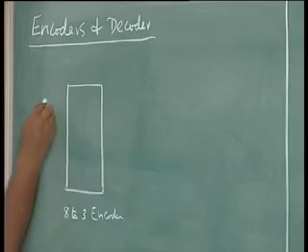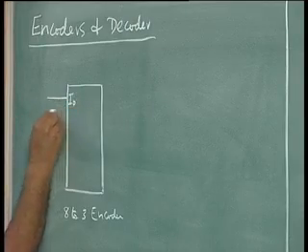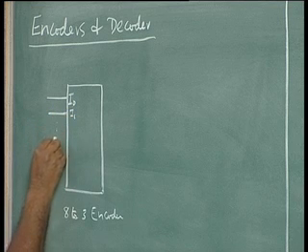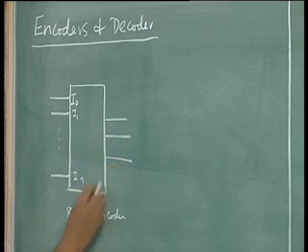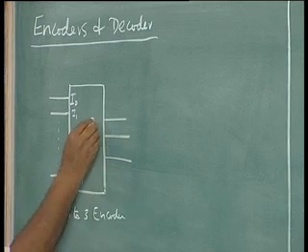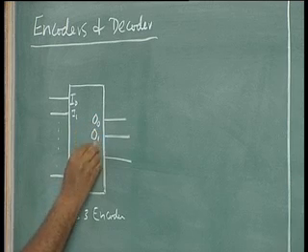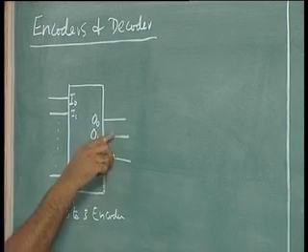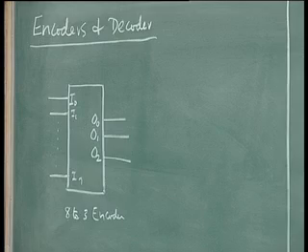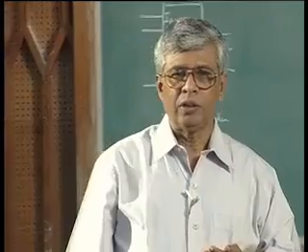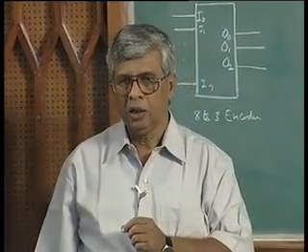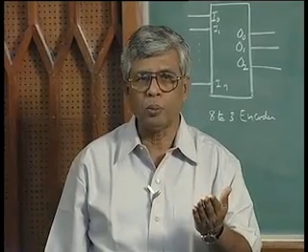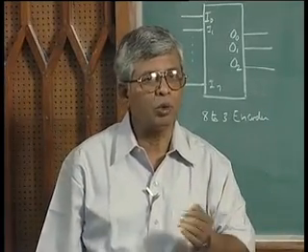So, in this case we will have 8 inputs, let us call them I0, I1, I2 etc., up to I7, and we will have 3 outputs, O0, O1, O2, where this is MSB and this is LSB. Assuming of course there is a problem when more than one input can be high at the same time, in which case we talk of priority. If more than one input is active at a given time, we do not know how to determine the output, but you can build some rules into that.